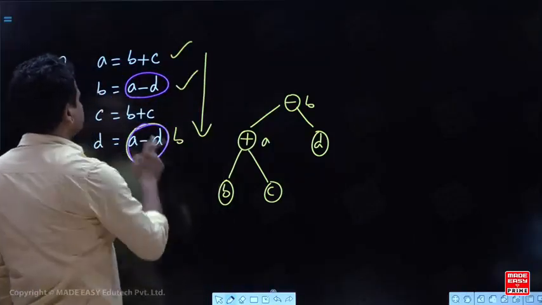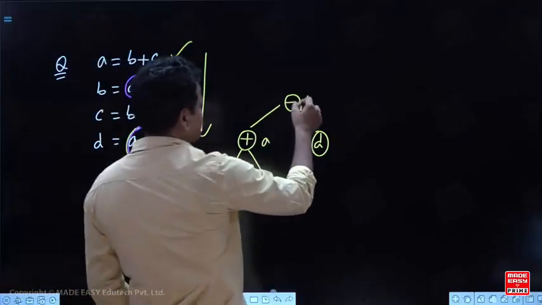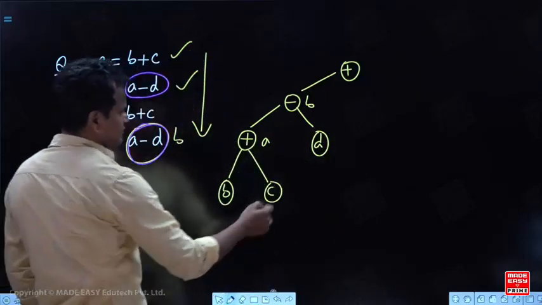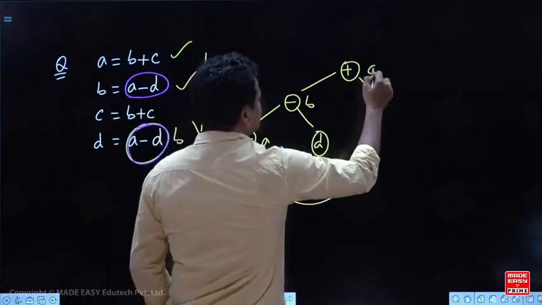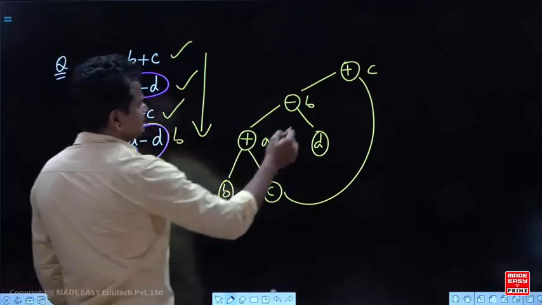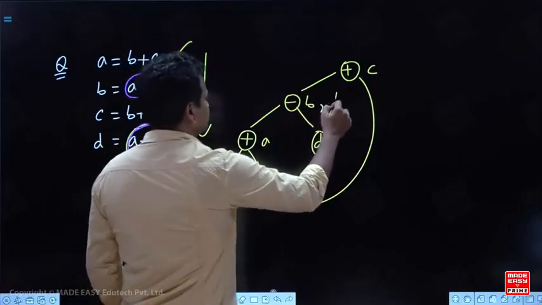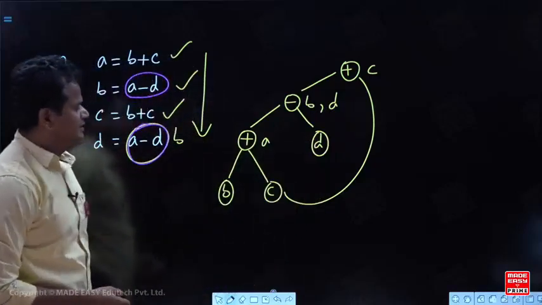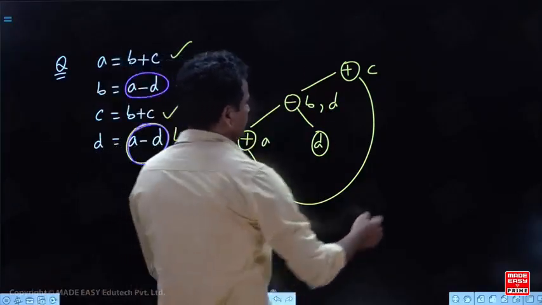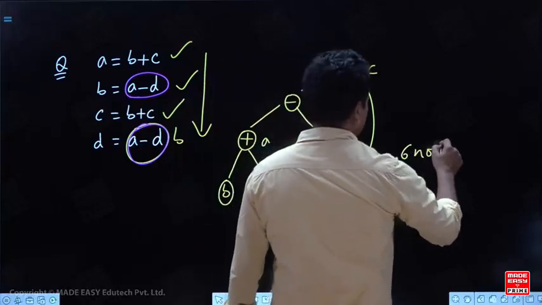Now this is done. C equal to B plus C, this is the latest B plus C. Do we have C? Yes, we have C, and this is the result. And D equal to B. Where is D? Where is B? Here. So this is D. Now what is the answer here? 1, 2, 3, 4, 5, 6 nodes.